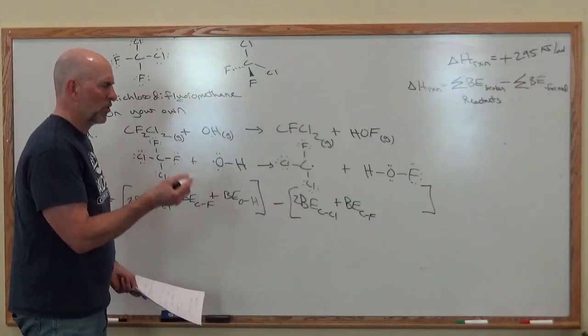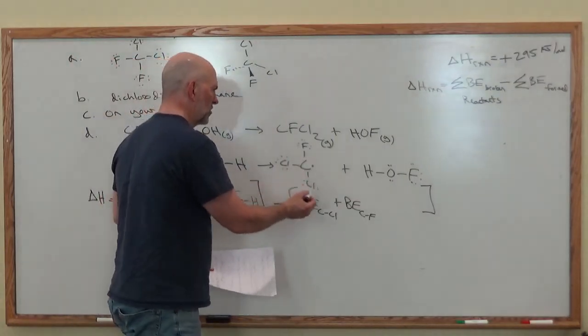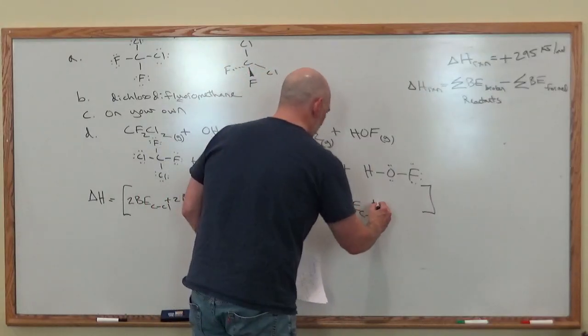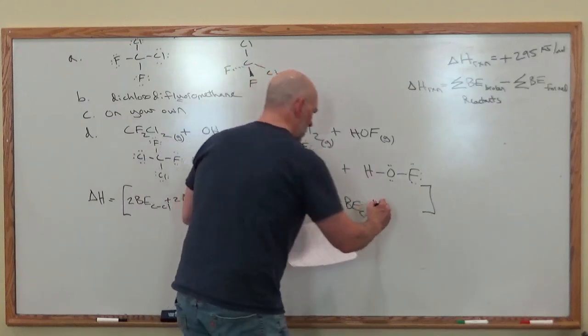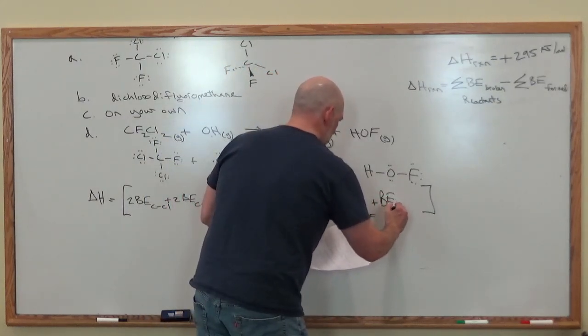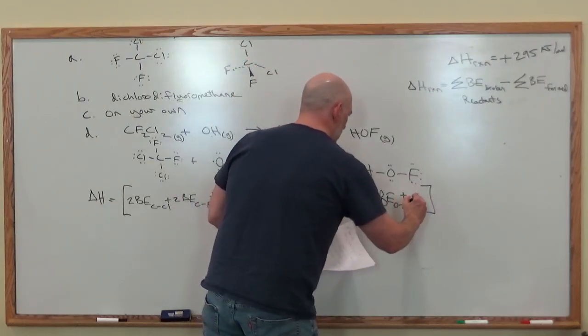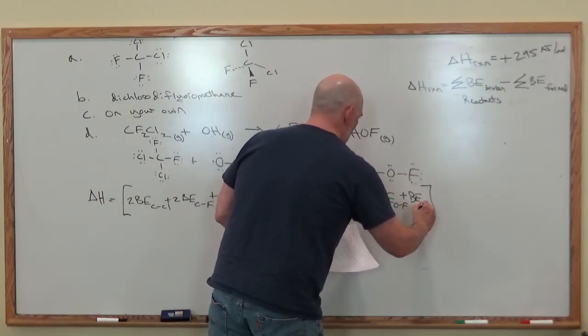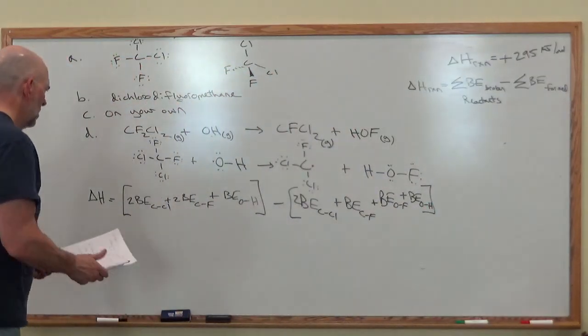Just go to the bonds that are broken and formed, which we're going to see anyway. So we've got 1 of those, and then over here we've got an oxygen-fluorine bond, and we still have the oxygen-hydrogen bond. Do I get them all?